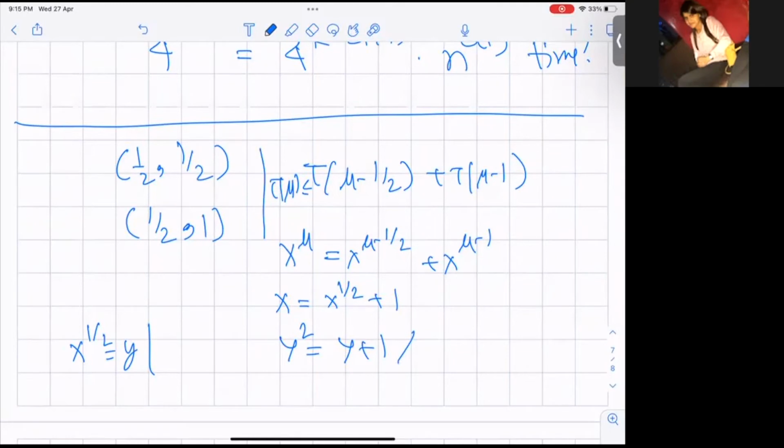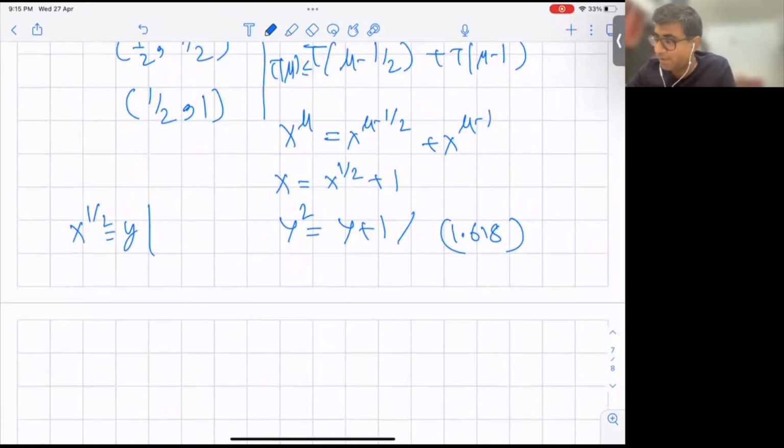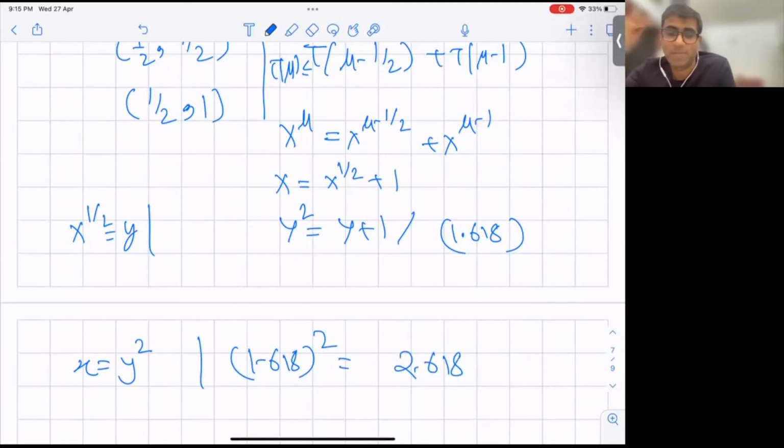Yes, this is 1.618, so y is about 1.61. So what is x? It is y squared. I don't know why, but this is what comes out. Is that fine?